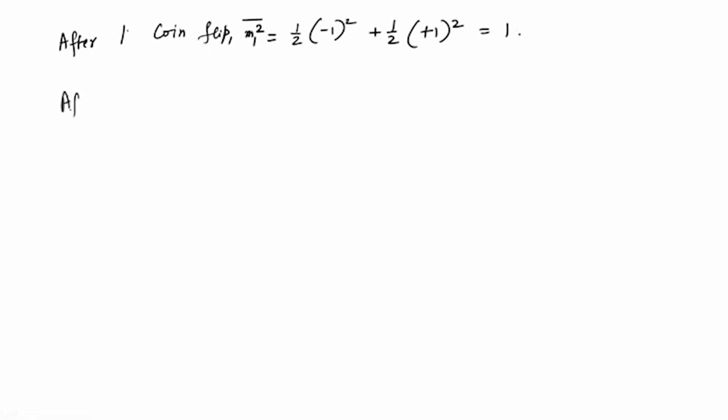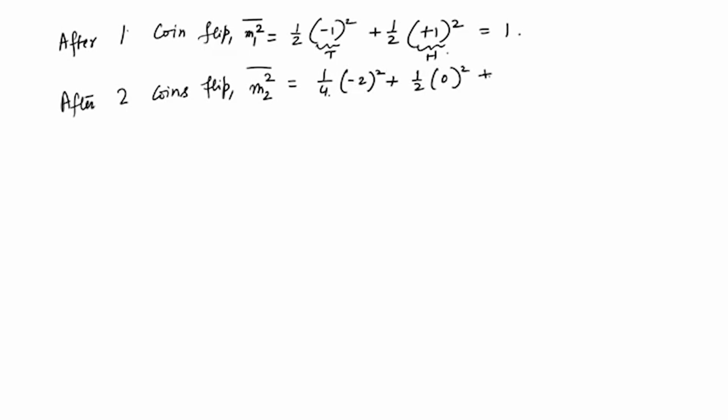After 2 coin flips, you ask this question, what is M2 square average? For 2 coins it will be 1/4 into minus 2 square plus half into 0 square plus 1/4 into 2 square.